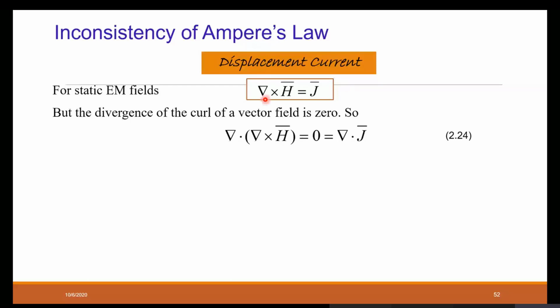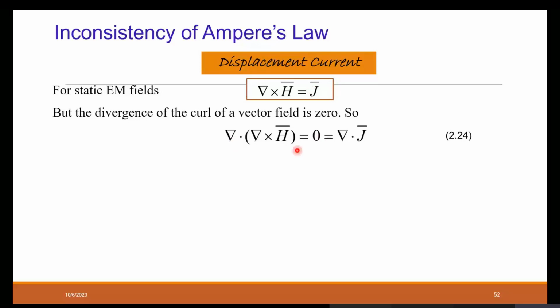It is a vector identity: divergence of curl of any vector quantity is 0. And as per the right hand side, we have to take the divergence of J also, right? So del dot J bar also becomes 0, right?